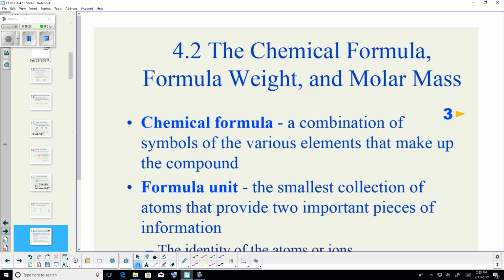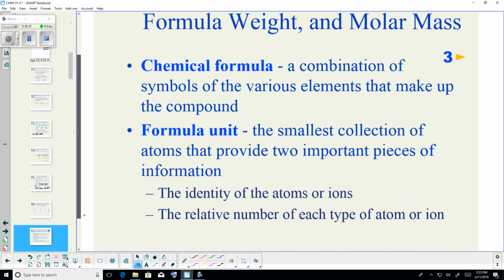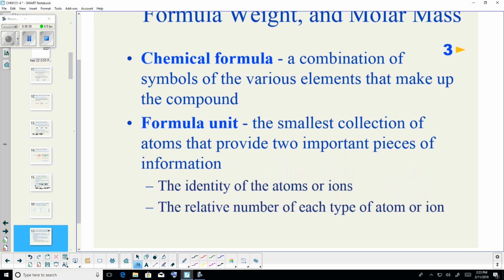So, chemical formula. It's a combination of symbols of various elements that make up the compound. We have the formula unit, the smallest collection of atoms that provide two important pieces of information: the identity of the atoms or ions, and the relative number of each type of atom or ion.